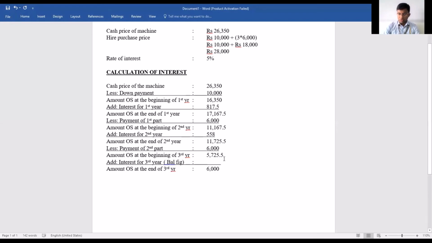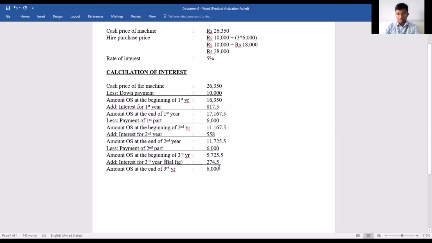If you actually check, you would notice that 5% of this amount technically ends up making the total more than 6,000. But that is not what we want. What we want is the amount to be exactly equal to 6,000. So because of which I'm taking the balancing figure. How do I calculate interest in this case?